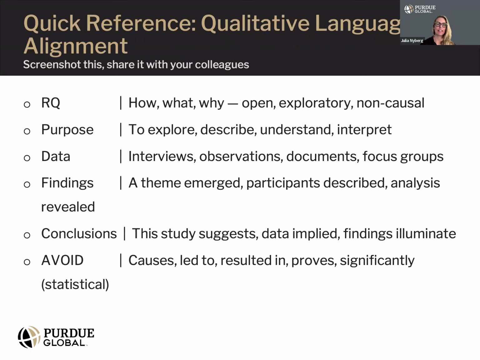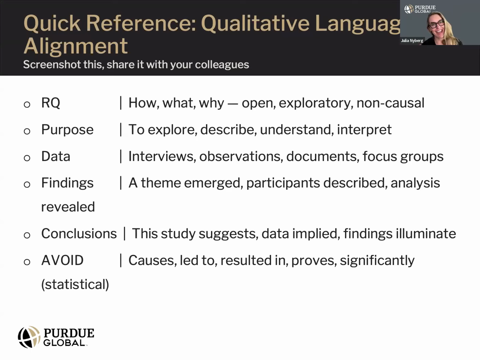Next up, here is a quick reference. If you have a qualitative study, screenshot this, share it with colleagues in this program. The top row, your research question. Qualitative research questions start with how, what, or why.